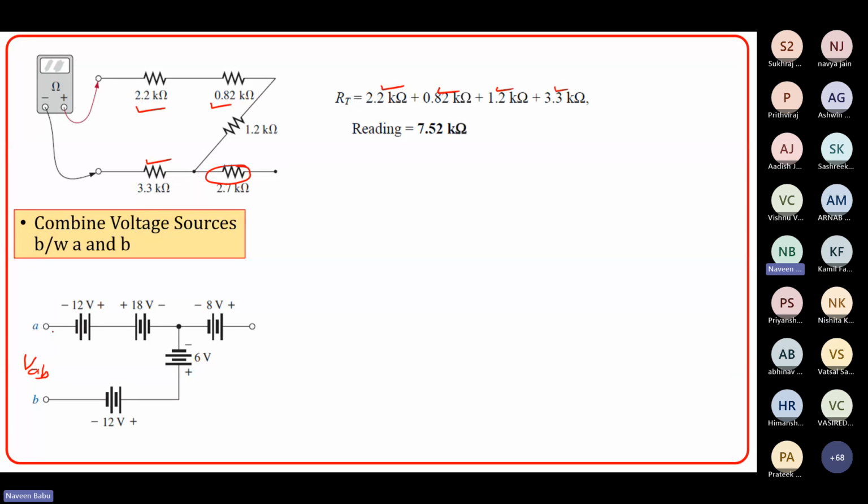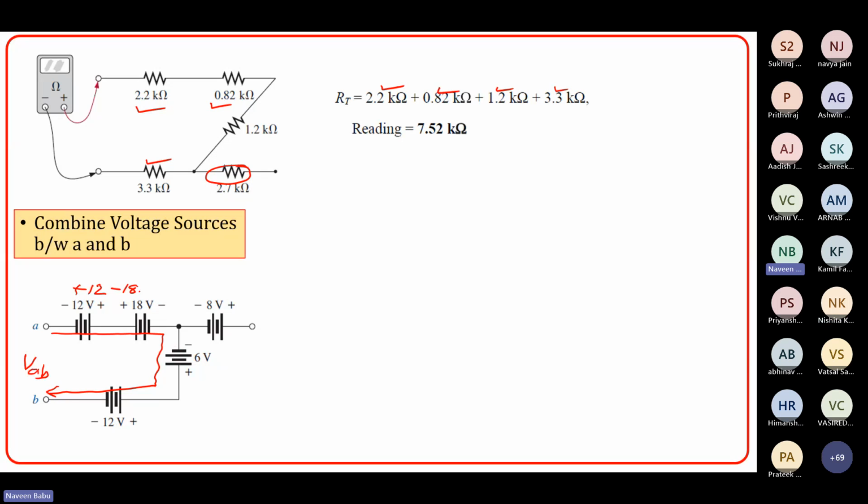So how will you do it? You will have to apply Kirchhoff's voltage law along this particular path, right? So how will you write? If you encounter minus and plus, we write plus 12. Plus and minus is minus 18.